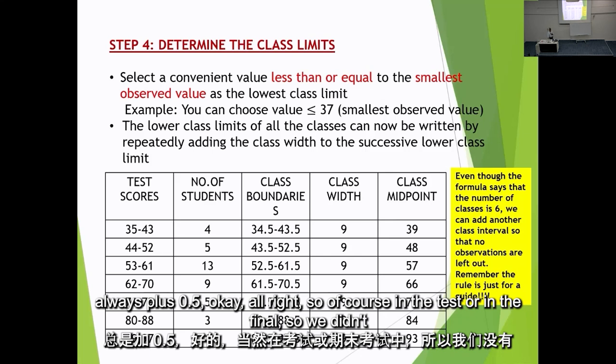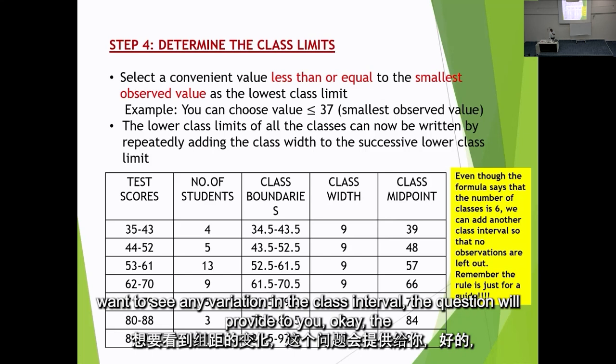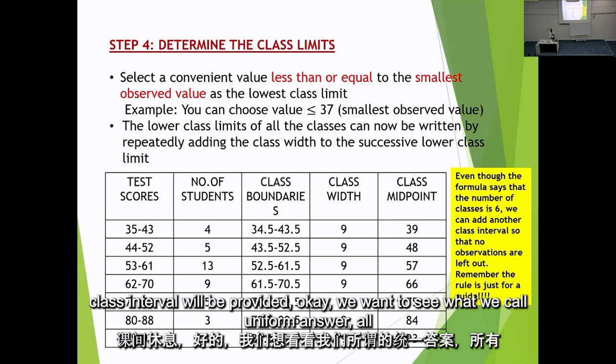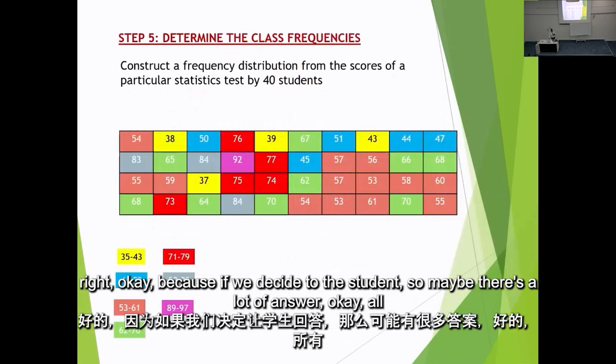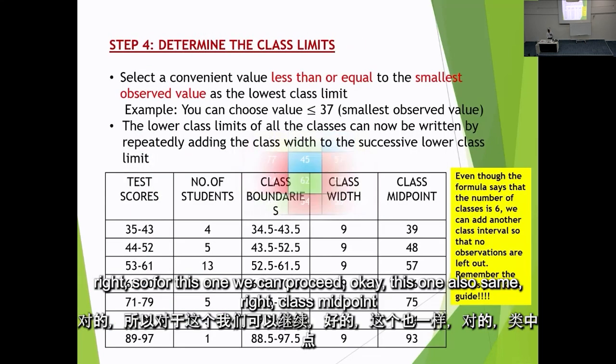Of course, in the test or in the final, we don't want to see any variation in terms of class interval. The question will provide the class interval to you. We want to see a uniform answer, because if we let the students decide, there may be a lot of different answers.